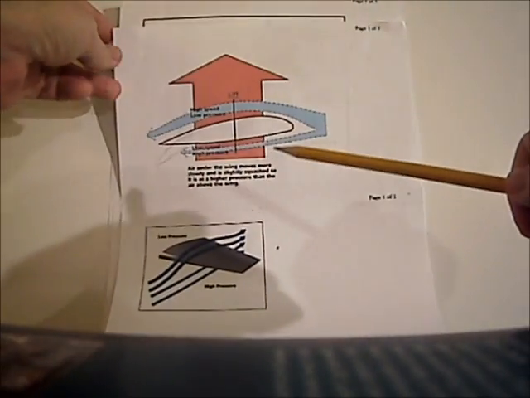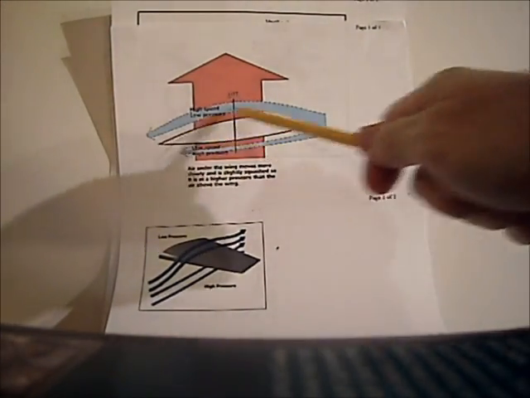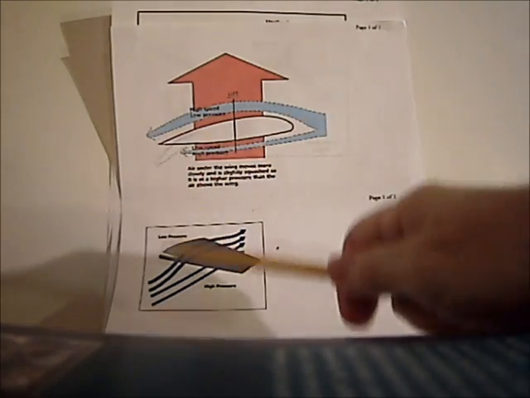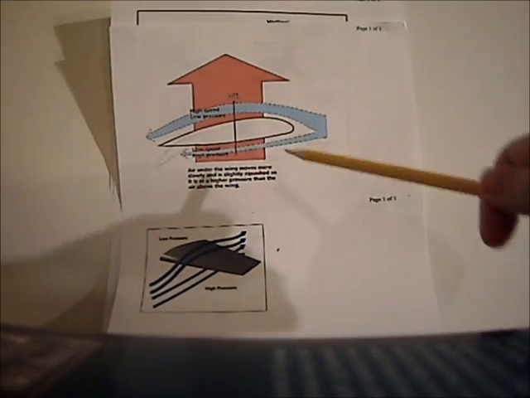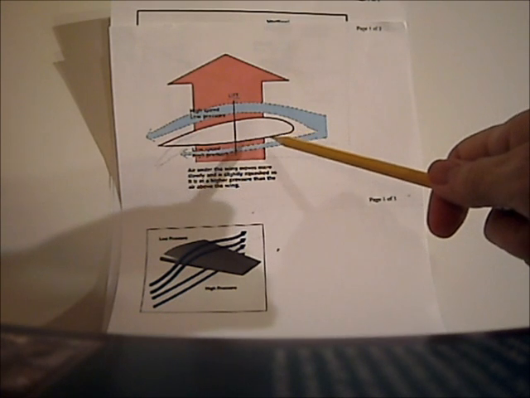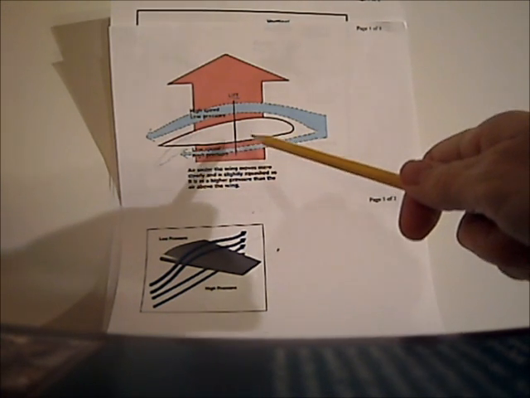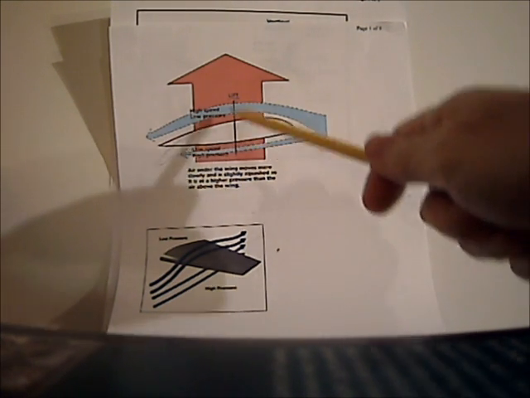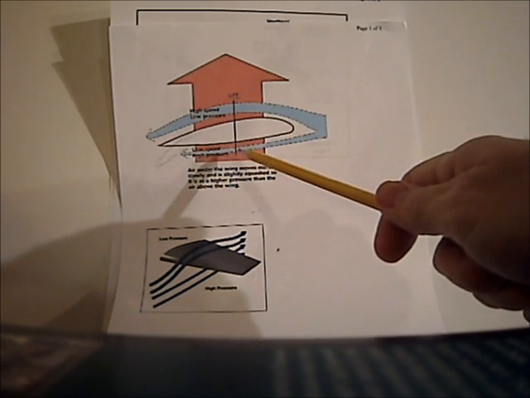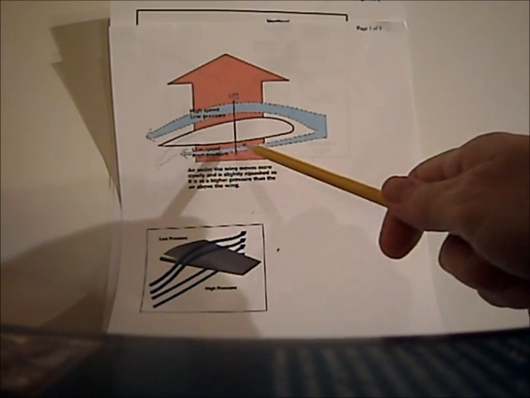By moving the aircraft through the air, we get the flow of air over the wing. And of course, once the speed gets great enough, the pressure differential is great enough so that the airplane flies.